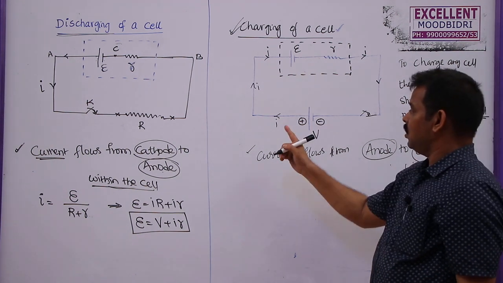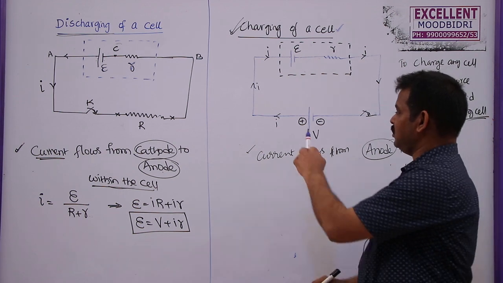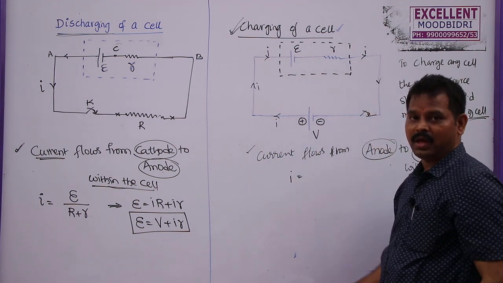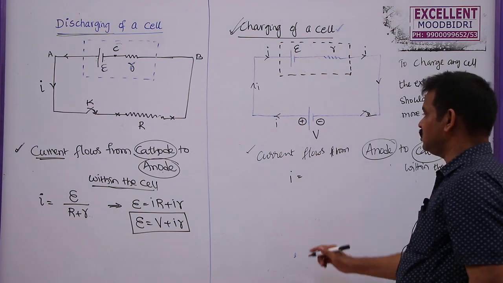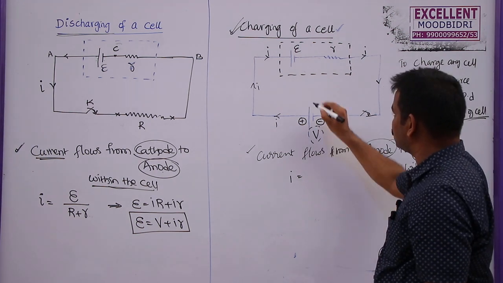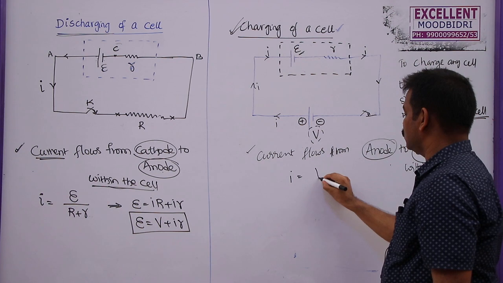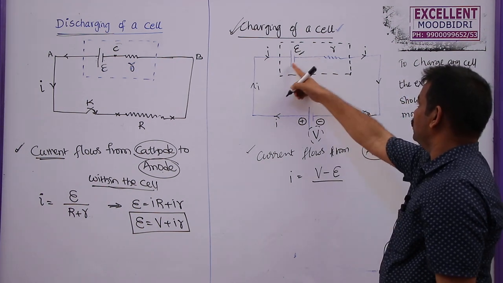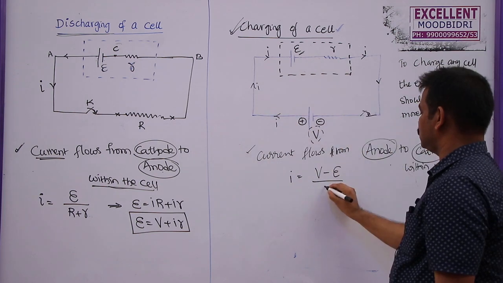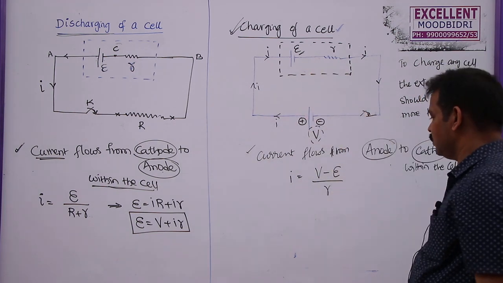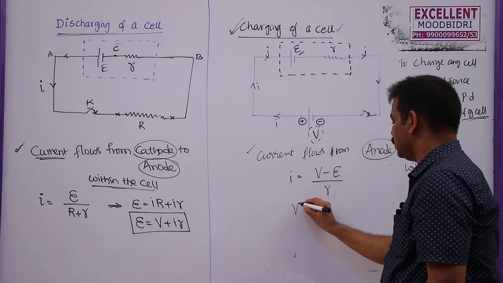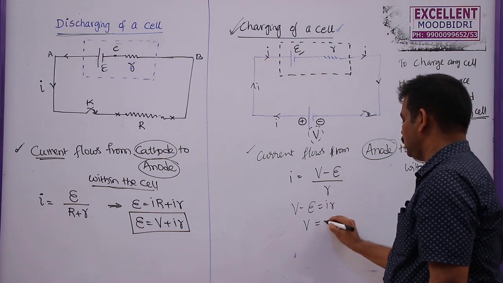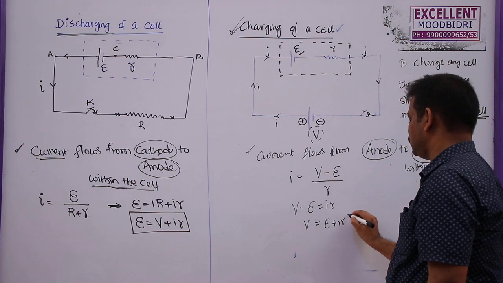Now here, how to find this current? To find this current, according to Ohm's law, current is given by potential difference by resistance. So this is at high potential, this is at low potential. So the potential difference between these two is V minus E. By the only resistance in this circuit, which is the resistance of the cell that we are charging. So by cross multiplication we will get V minus E is equal to IR, V is equal to E plus IR.